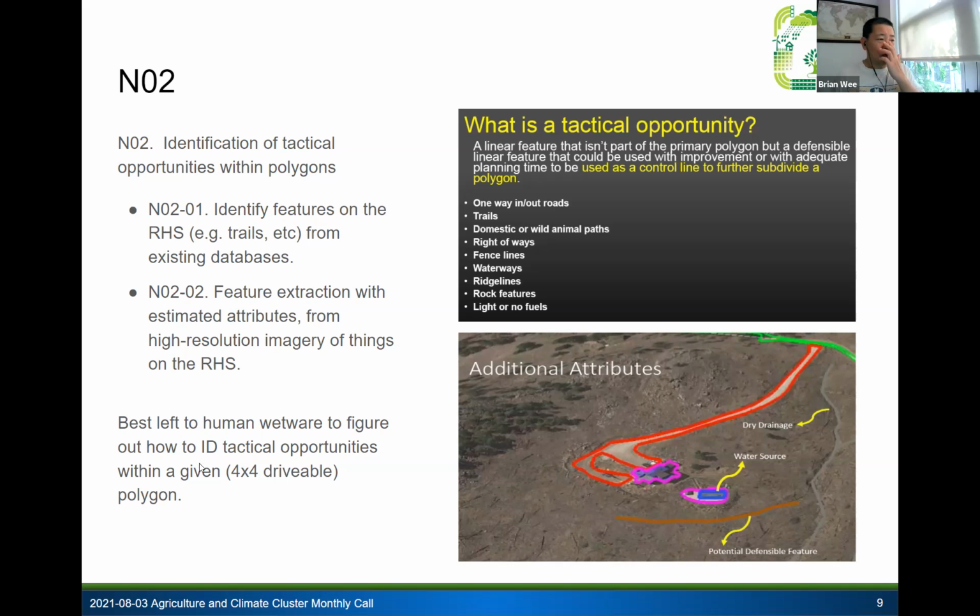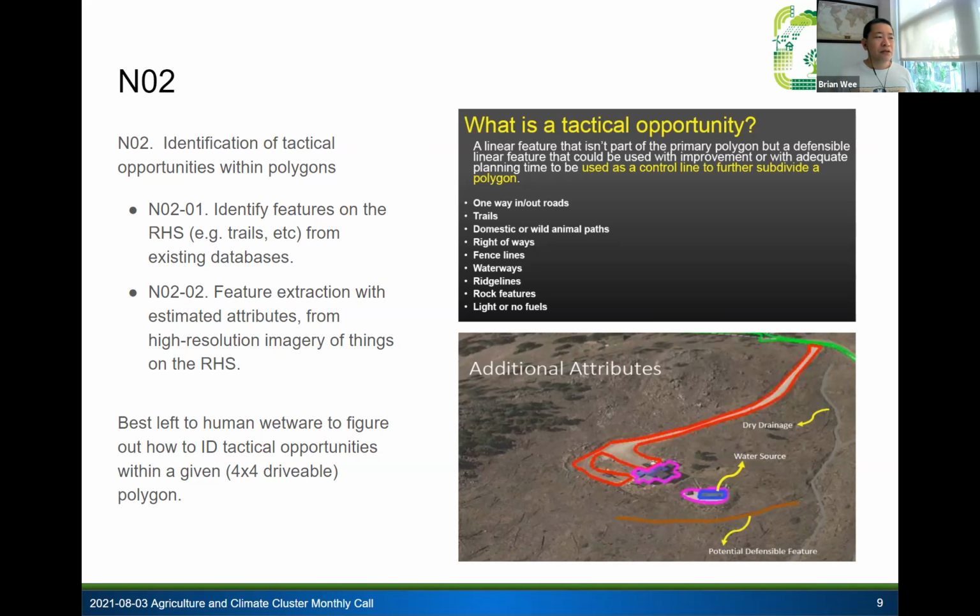But what I left here speaks to a little bit of what Gary had said. I think where it comes to determining how these other technical opportunities can be combined within a polygon to do fire breaks, that's way too hard for a machine to figure out. And so I put a comment there that this is best left to the human wetware to figure out.